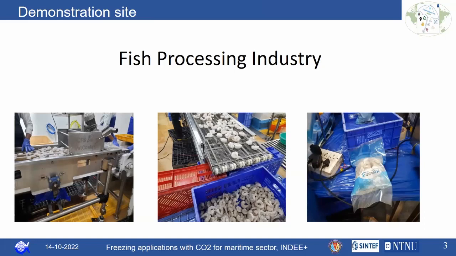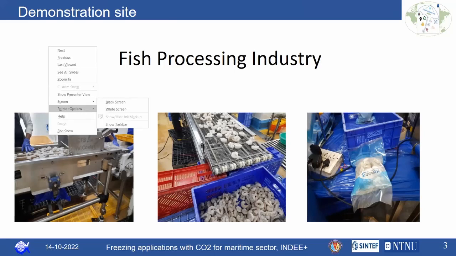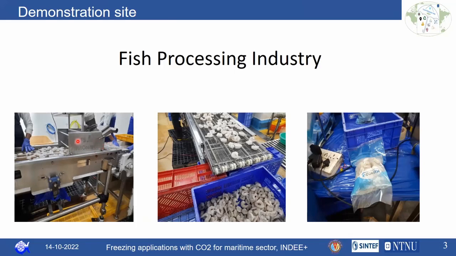And apart from that, we are also looking for a fishing vessel where we can install this CO2 system. So at first, we'll see the seafood processing industry where this CO2 system can be installed. Below here, you can see some images of the seafood processing methods that are used, where the shrimps or prawns have been frozen and packed.